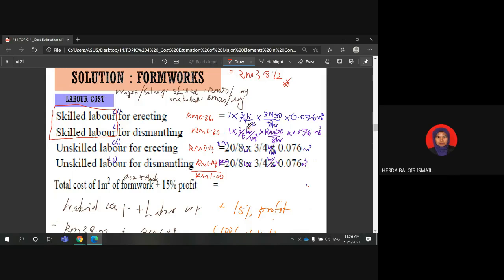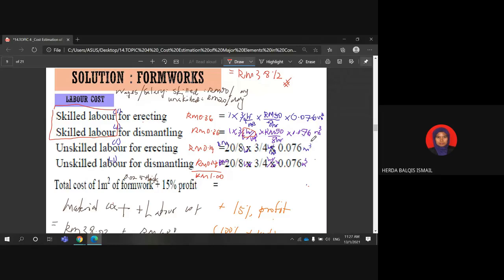Due to the unit per hour, you need to convert the salary per day into salary per hour. We know the standard working hours for one day is 8 hours, that's why we divide by 8.